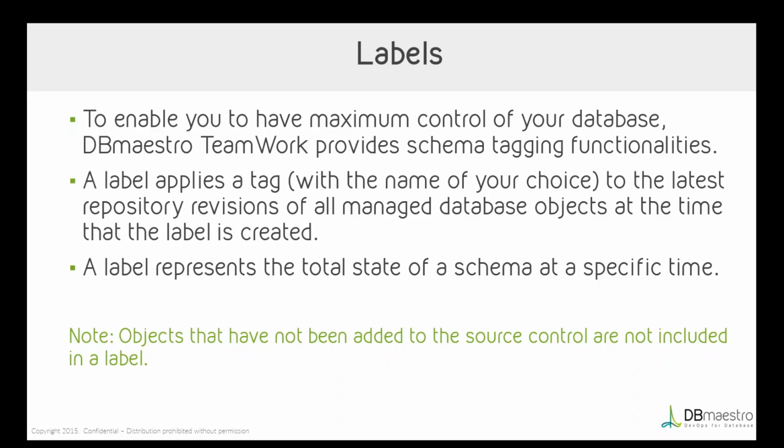So you can add a label after you complete a sprint, or maybe when you get to a specific milestone in a release, and then you can use those labels for deployment. But the label is always whatever is in that schema. Whatever objects are in source control for that schema get tagged to that label. If they're not in source control, they don't get tied to the label. But if they're under source control, they'll get tied to the label so that you can use those labels as part of your deployment.